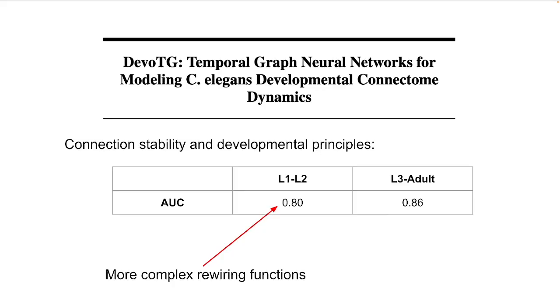And this is interpreted as more complex rewiring functions going on. So if you look at the network and how it's changing its connectivity, there are more complex rewiring things going on in L1 and L2, so there's more turnover of synapses. There's more variation in synapse strength during that period than during the L3 to adult period.